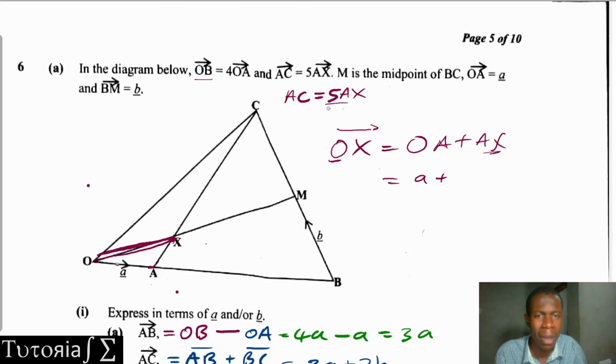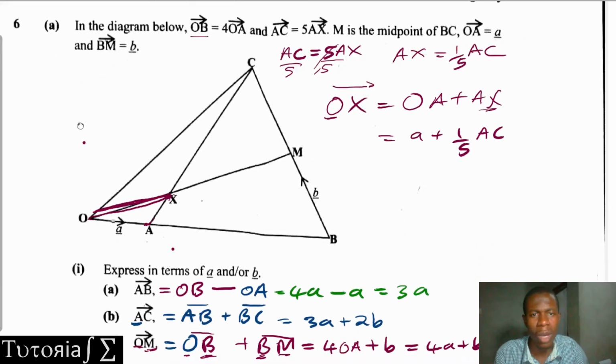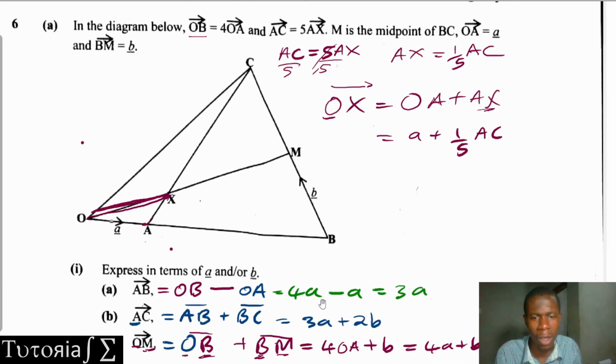So here we can divide by 5 and by 5 here, so that AX is equal to 1 over 5 AC. Okay, so meaning that this is 1 over 5 AC, and we know what AC is. So we look for AC, which is what we've calculated here.